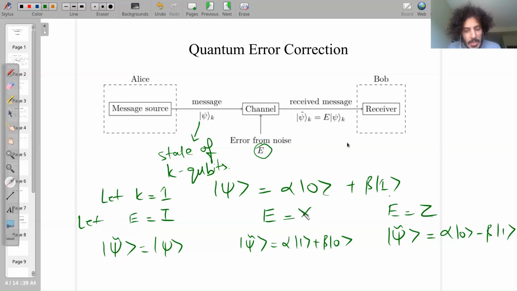You can get, for example, an arbitrary rotation on the Bloch sphere. If you remember your QBronze, you could rotate your state on the Bloch sphere around any axis. You can think of rotations around the x-axis, the y-axis, the z-axis, and all sorts of other possibilities as well.